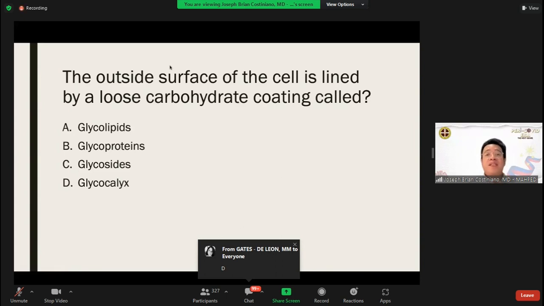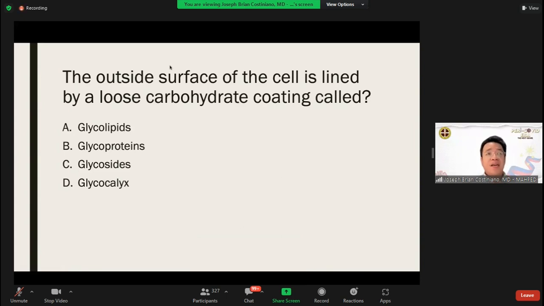So please do not get confused, no? Kasi sometimes when we read the question, parang ang hirap naman ito, hindi ko alam kung anong sagot, no? Pero when you look closely, of course, ang tanong, loose carbohydrate coating. Bakit lipid? Bakit protein ang sasagutin mo, no? Eh meron nang nakalagay diyan glycolipid, glycoprotein.